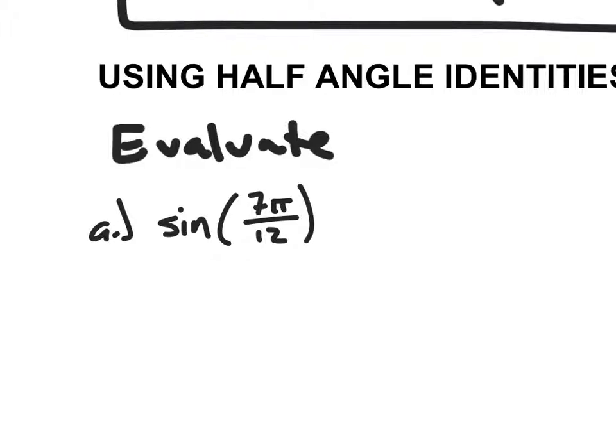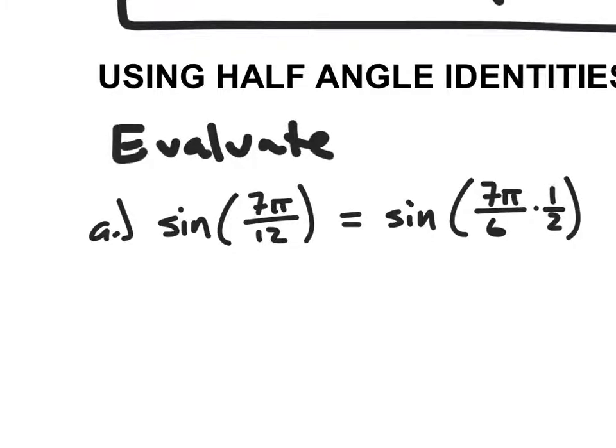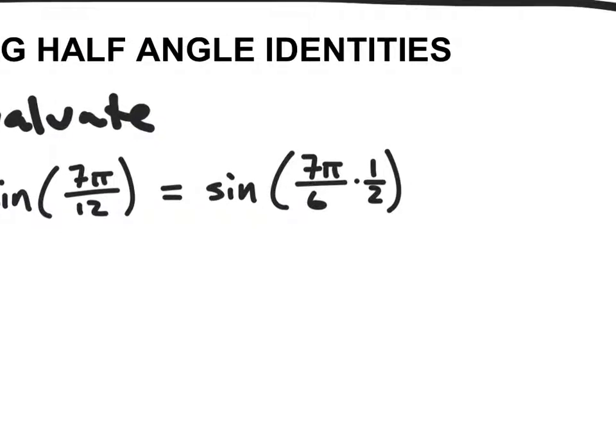If I take half of my angle, let's rewrite this as sine of 7 pi over 6 times a half. And this one I know. What I'm looking for is this denominator, and I go, wait a second, I could rewrite this as something over 2, and use my half angle identity to evaluate this.